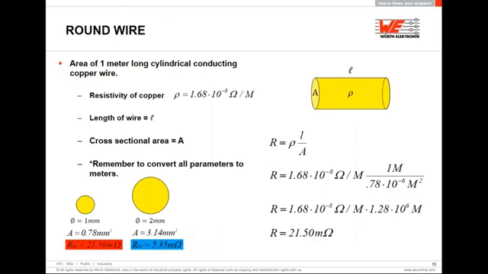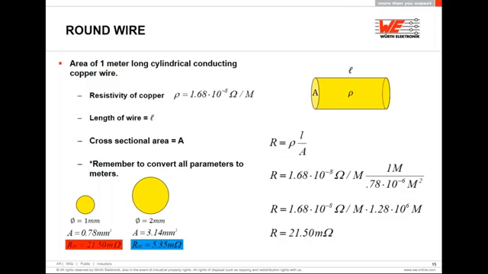First, let's tackle how to calculate the DCR value on a round wire, which might be the most commonly found. For these examples, we're going to be using a copper wire with a resistivity of 1.68 to the power of -8.